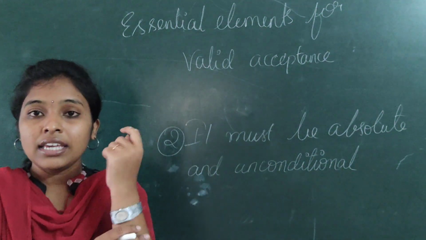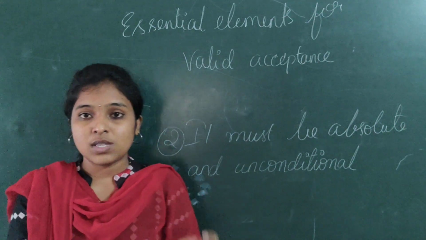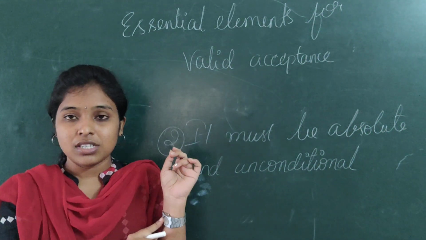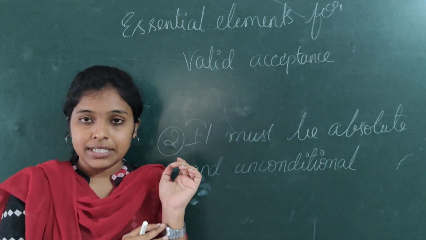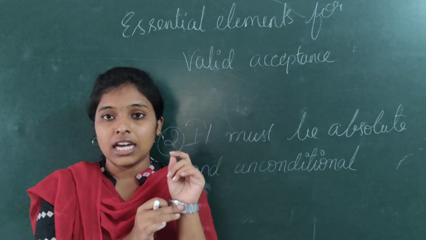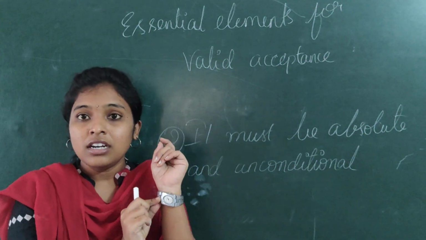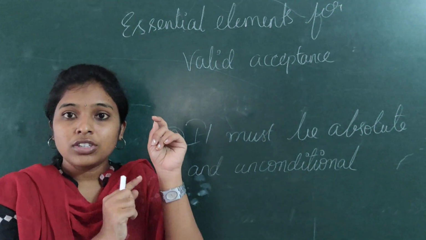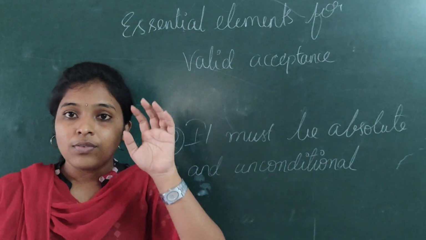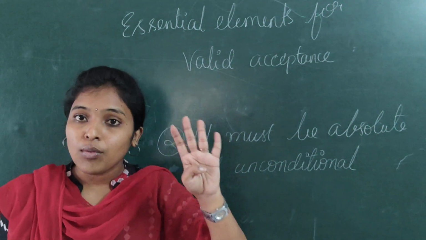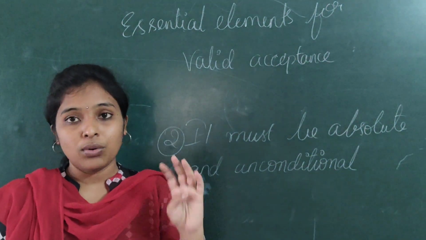For example, I'll give an example of this watch. I'm selling this watch to some person X for 500. I put a condition that I'm going to sell this watch only for 500. But that person says no, I want it for 400 rupees only.